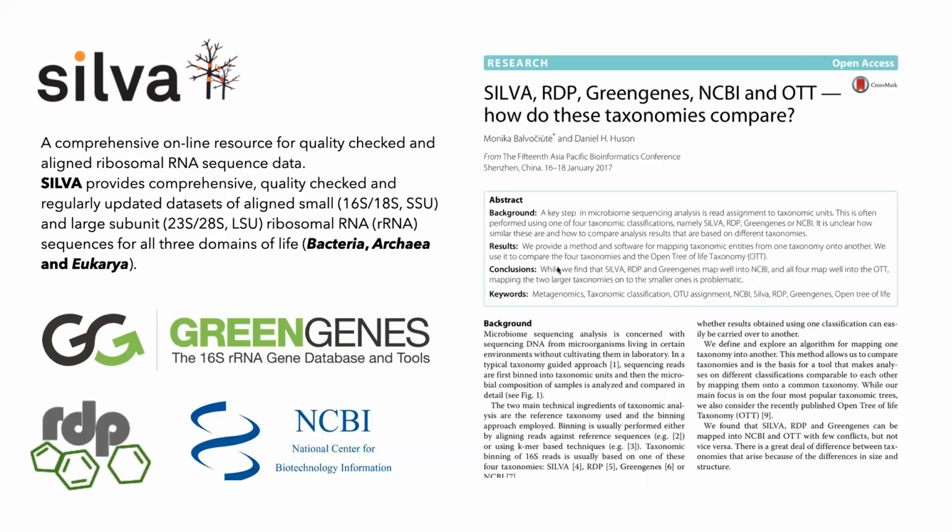And here you can see a reference publication which compares these different repositories of known sequences: NCBI, RDP, SILVA, Green Genes, etc. What they found is that SILVA is one of the more comprehensive resources, but also quality checked and regularly updated.